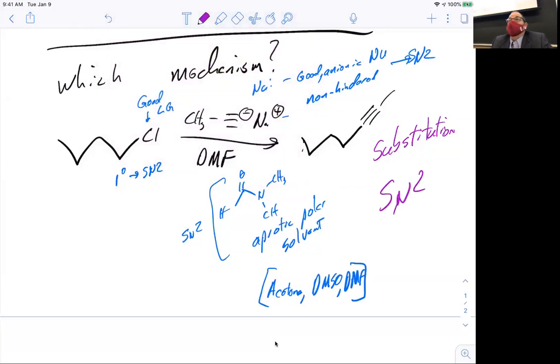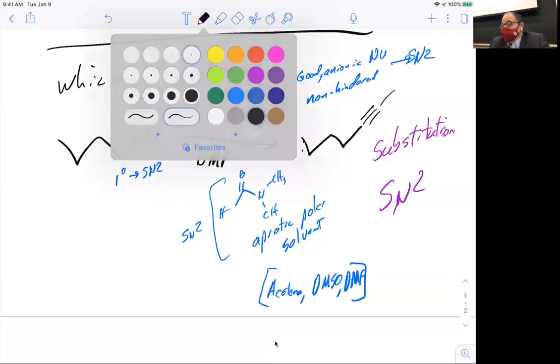So evaluate each of those parts. If you don't recognize a solvent, that shouldn't determine the answer, right? You should be able to get to the answer without recognizing a solvent. If you do recognize a solvent, it can help. And again, aprotic solvents favor SN2, protic solvents favor SN1. Okay, questions about this one?